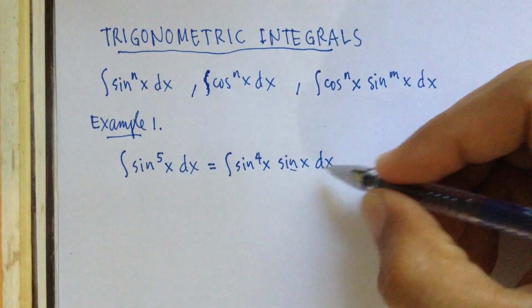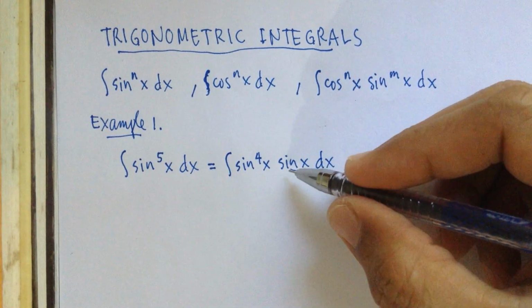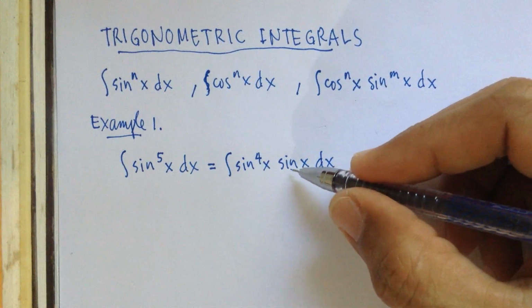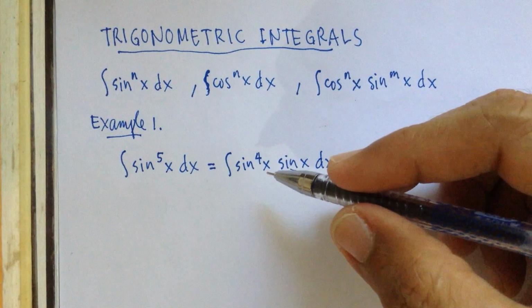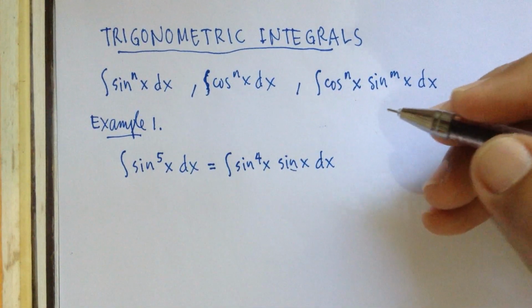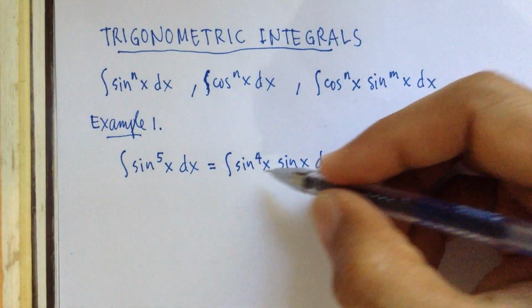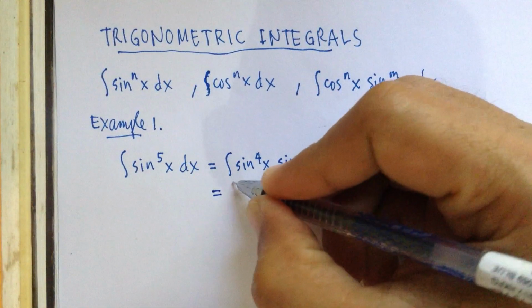So basically this will serve as your du. But if this is your du, the u must be cosine because this is sine, right? So how do we convert this into the form of cosine?